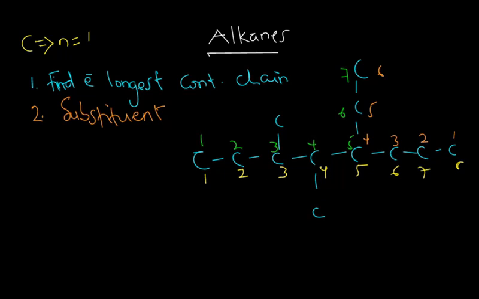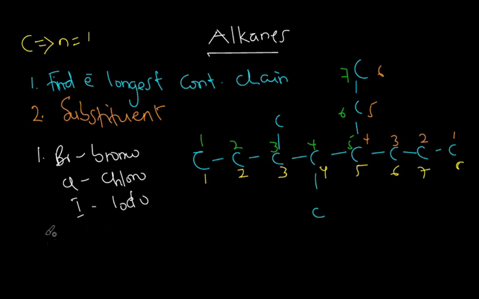In chemistry, we have 2 general classifications of substituents. The first one is the inorganic ones, and they include the halogens. So we have bromine, which as a substituent is called bromo. Chlorine will be called chloro. Then iodine will be called iodo.